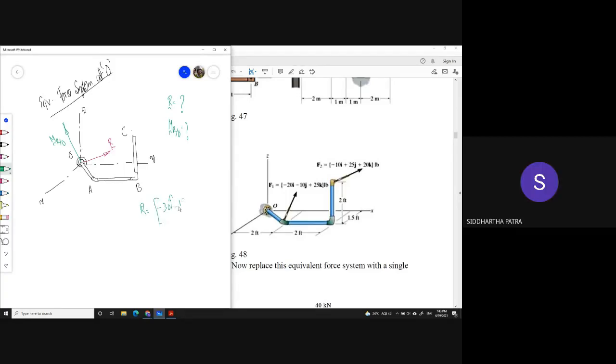And the resultant moment about O, I am getting 17.5 i cap minus 150 j cap plus 135 k cap. Unit? Foot pound. Oh sorry, pound feet. Pound feet. Foot pound is the unit of energy.